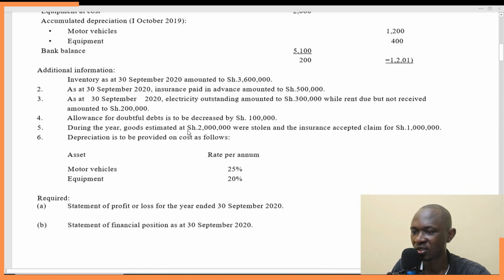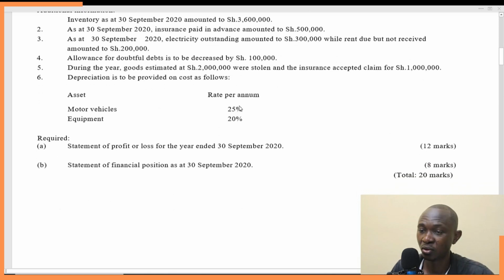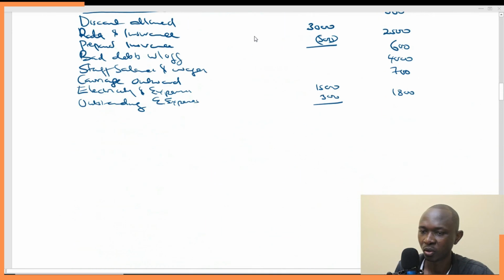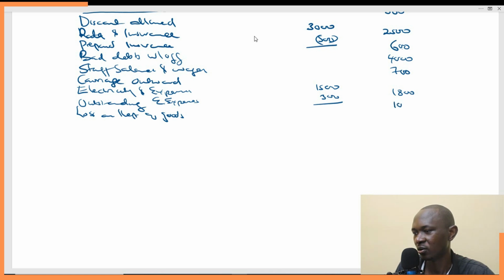During the year, goods estimated at 2 million were stolen, and the insurance accepted a claim for 1 million. So here the loss is 1 million. So we'll just talk of loss on theft of goods. Loss on theft of goods, and we are going to just work out this 2,000 minus 1,000.